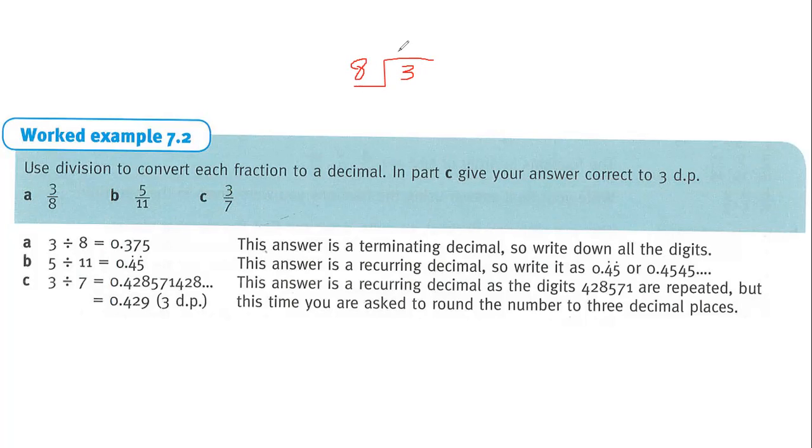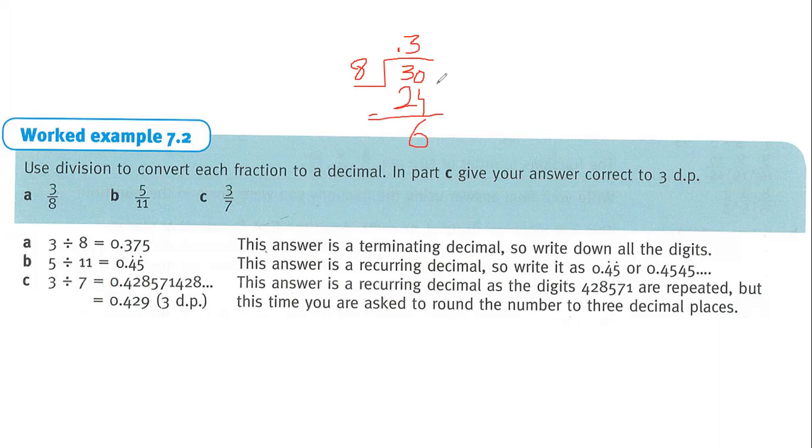First of all I put a point here, and I put 0 here. So 8 how many times equal to 30 or less? 8 3 times. 8 3 times equal to 24. Okay, how many left here? 6.